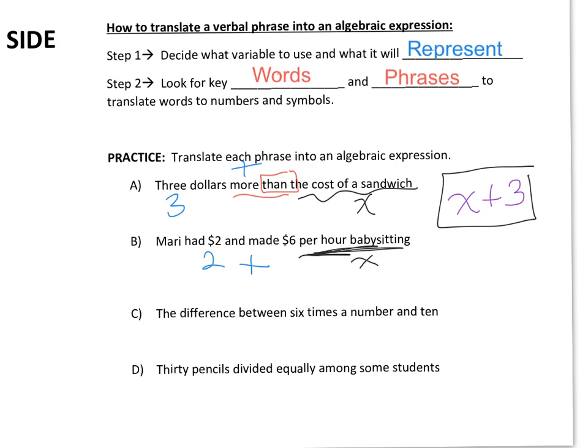In this case, it would simply be 6 times the x. So our final answer would be 2 plus 6x because she already has the $2 and she's going to be paid the $6 times the amount of hours that she's babysitting.